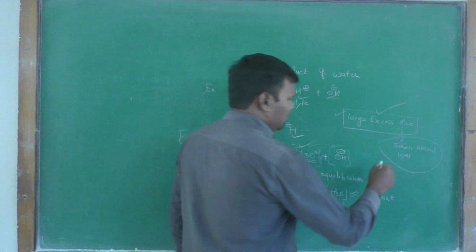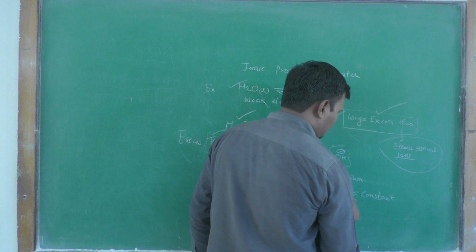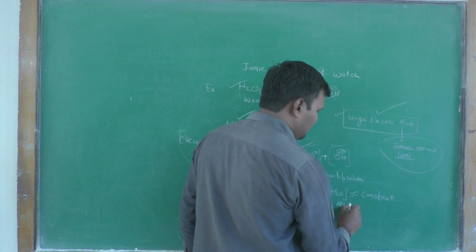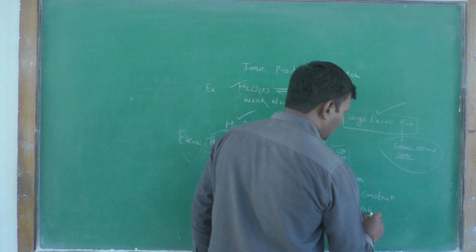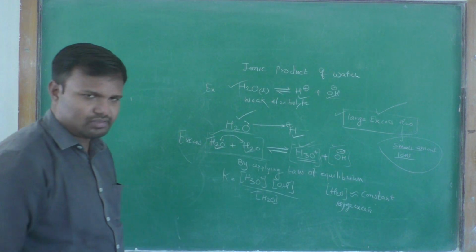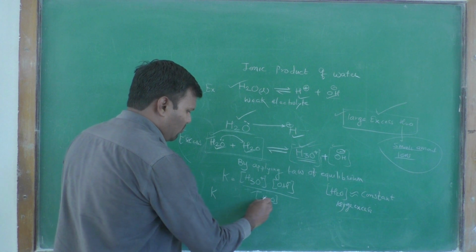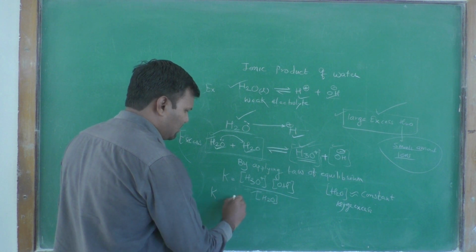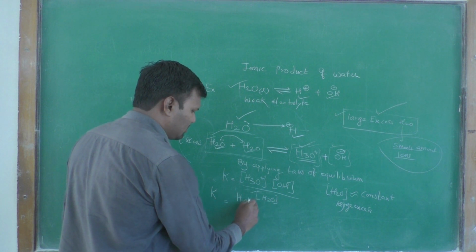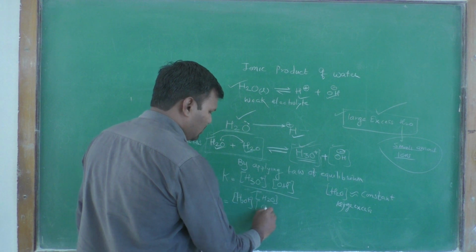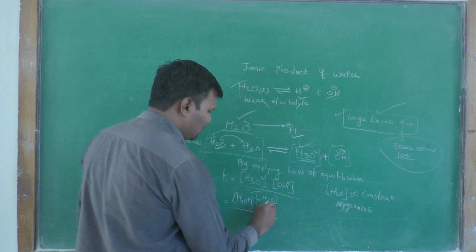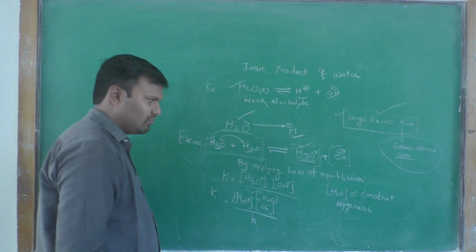Therefore, H2O is considered a constant. So K into the constant, we consider this as a small k, equals H3O plus OH minus upon small k.